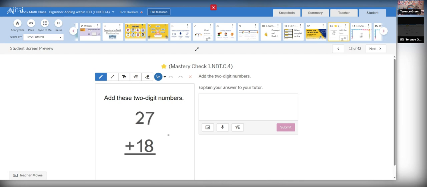I'm going to give you 1 minute to add these two numbers up, and I'm going to put in a 1 minute timer. When the timer goes off, we're going to come back and see how you did with this one. Okay, 1 minute timer, and we're going to get it rocking and rolling here, guys. And we're going to go.